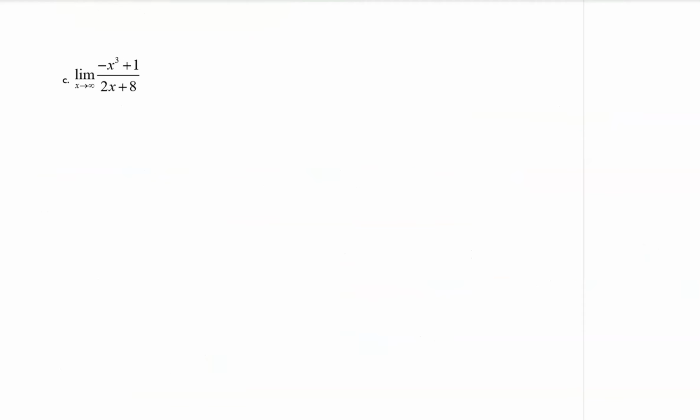Part C wants us to calculate the limit as x approaches infinity of the quantity -x cubed plus 1 divided by the quantity 2x plus 8. So again, I'm going to divide every term by x cubed.